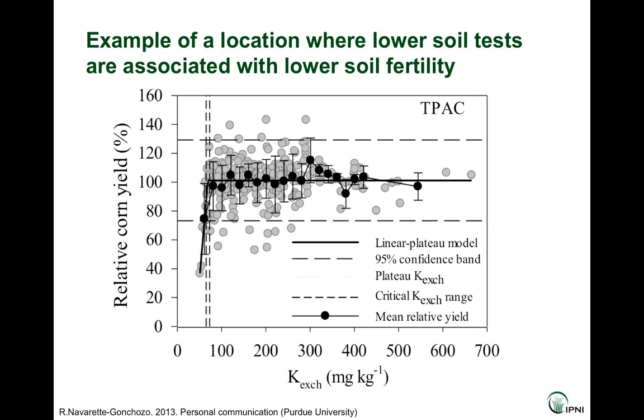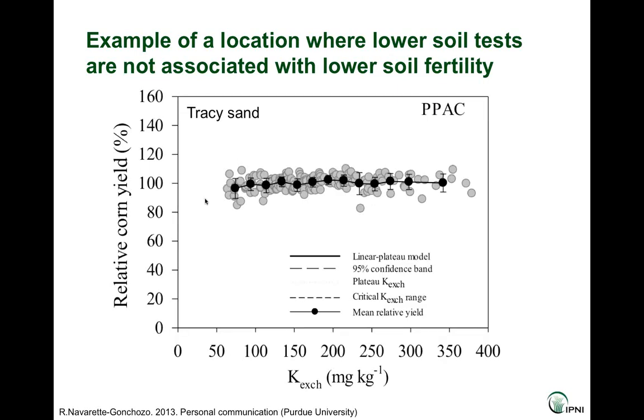Here's a separate site that is a sand. And you'll notice that there's very little reduction of yield at low soil test levels, which is surprising because it's a sand. So many soil scientists, I think, and practitioners and farmers feel that sands in general do not have many nutrients to contribute to crop production.